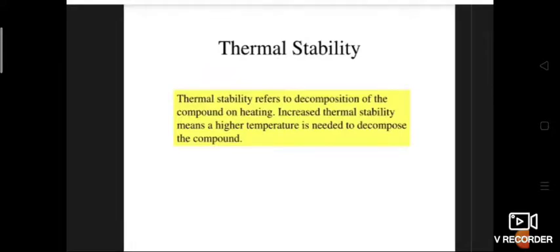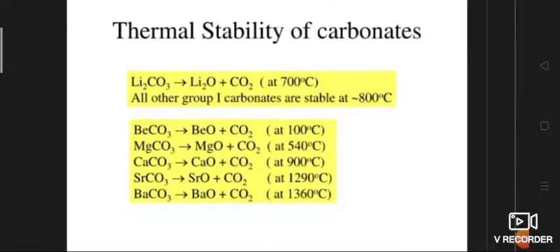Thermal stability refers to decomposition of a compound on heating. Increased thermal stability means a higher temperature is needed to decompose the compound. So thermal stability of carbonates: lithium carbonate on heating gives lithium oxide and carbon dioxide.